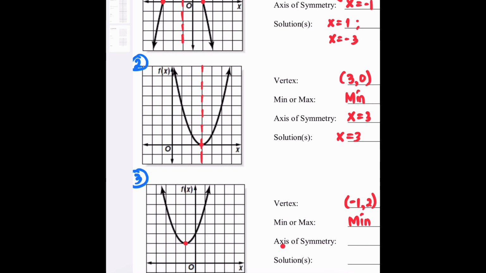For the axis of symmetry, we take the x coordinate of the vertex, which is x equals -1. So it divides the parabola into two symmetrical parts. For the solution, you can see that the parabola didn't touch any point on the x-axis, right?